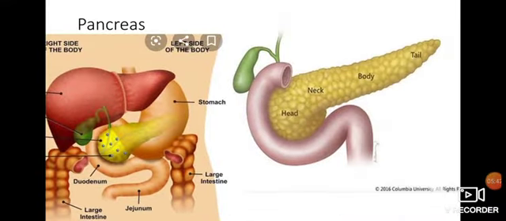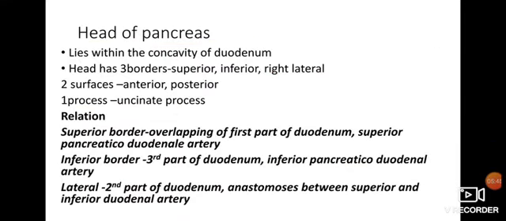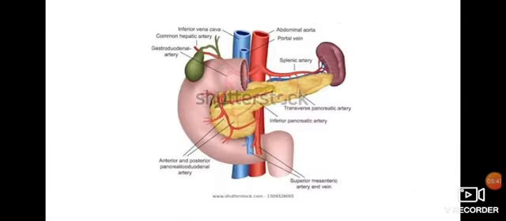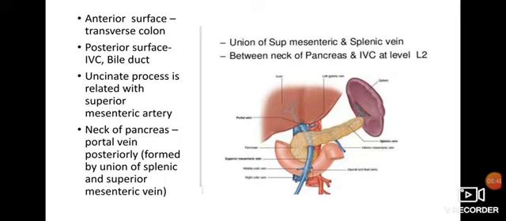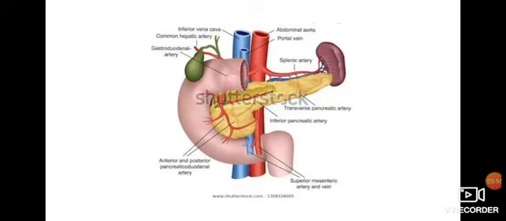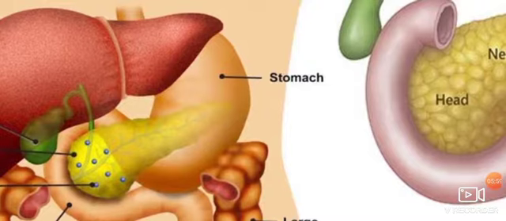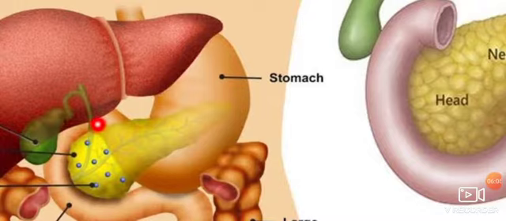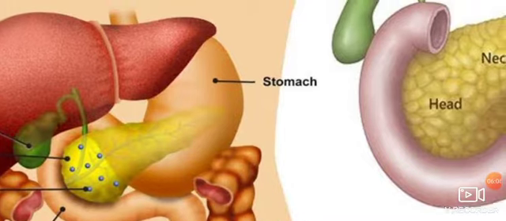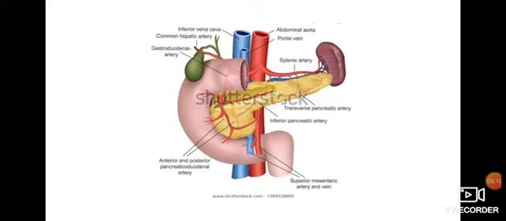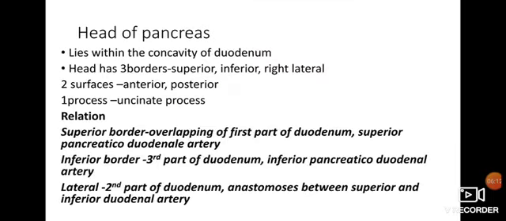Then the posterior surface of the head. The posterior surface of the head of the pancreas is related to the inferior vena cava and the bile duct. See, posteriorly the bile duct is passing. Along with the bile duct, you can see the inferior vena cava. Look at this diagram.